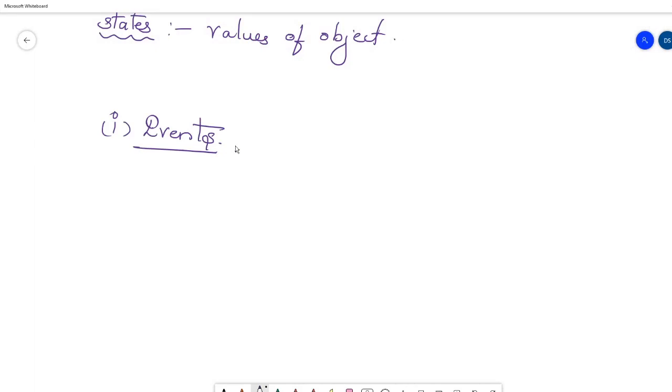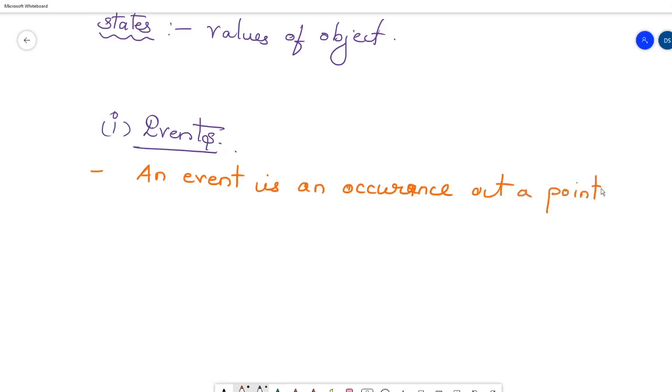Events. An event is an occurrence at a point in time. If we have to define an event, we can say that an event is an occurrence at a point in time.